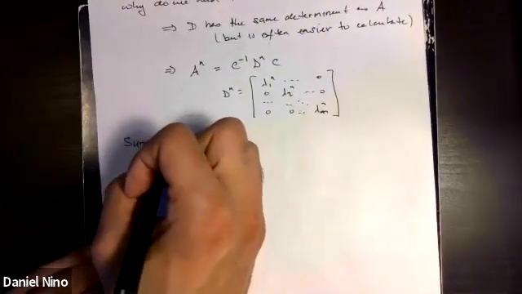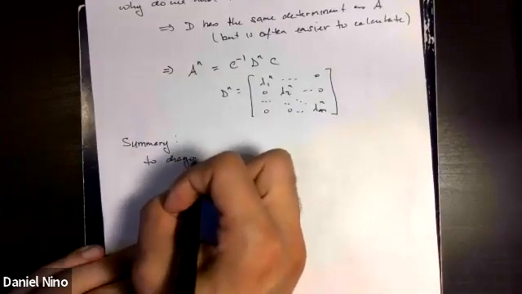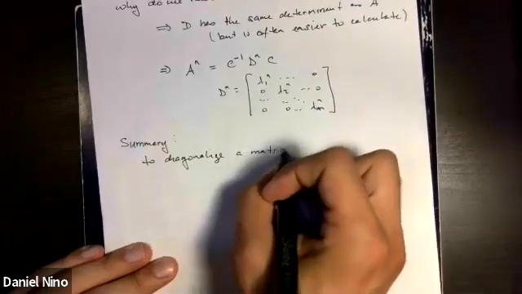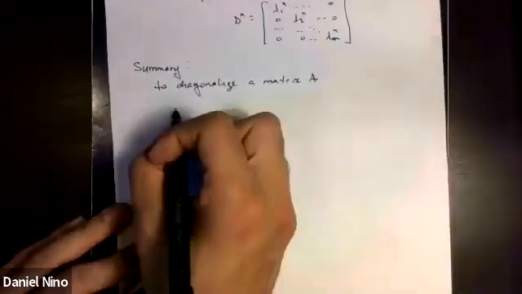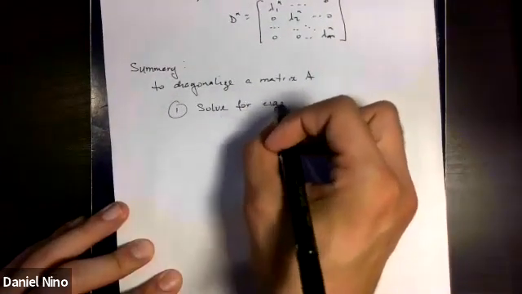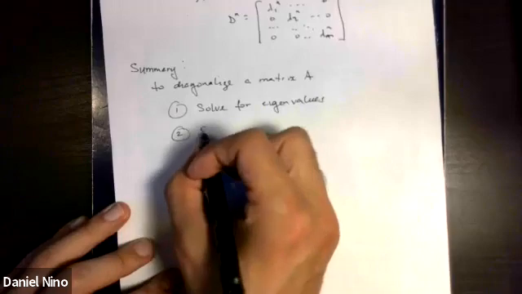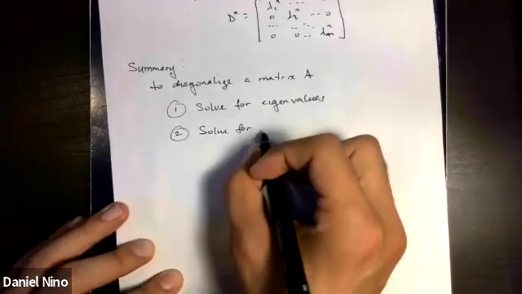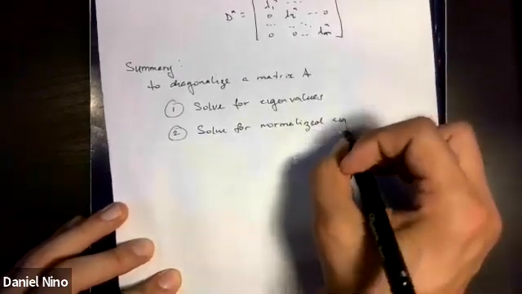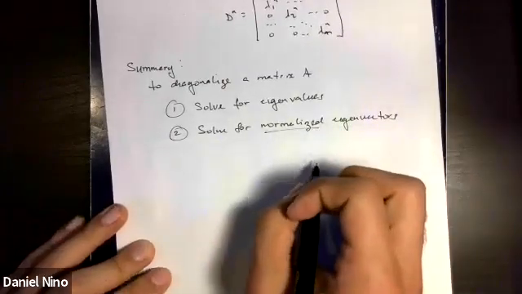So to summarize the last few videos, if you want to diagonalize a matrix A, you first have to solve for the eigenvalues. You then solve for the normalized eigenvectors.